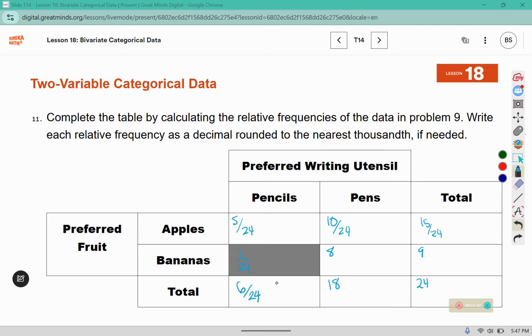And then we're changing them to decimals rounded to the thousandths place. Well, 24 divided by 24 is 1, so you can start with that one.